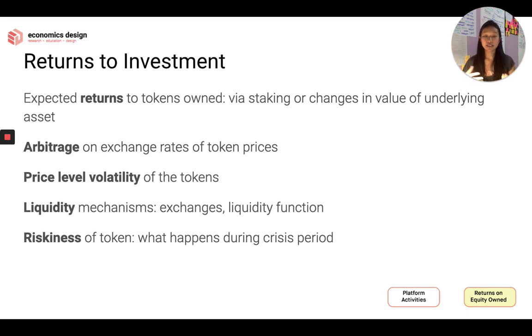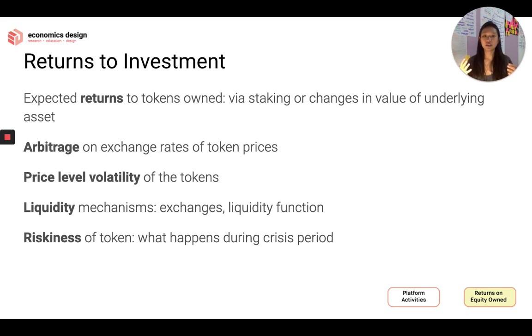They tell you the prices of Bitcoin, for example. Sometimes the prices are not always exactly the same. There's some differentiation, and you can make money out of that. But not only that, when we talk about returns to investment, we talk about a longer period, a future time period.